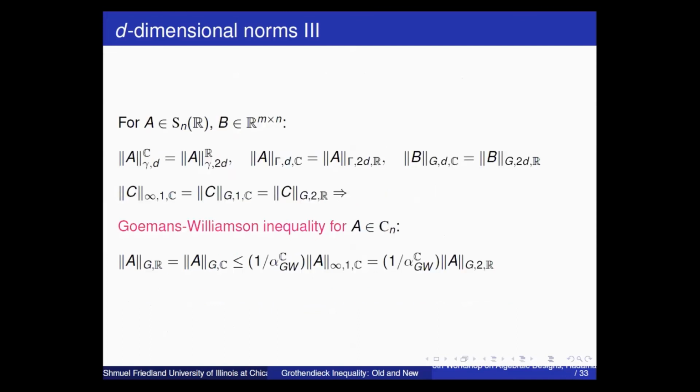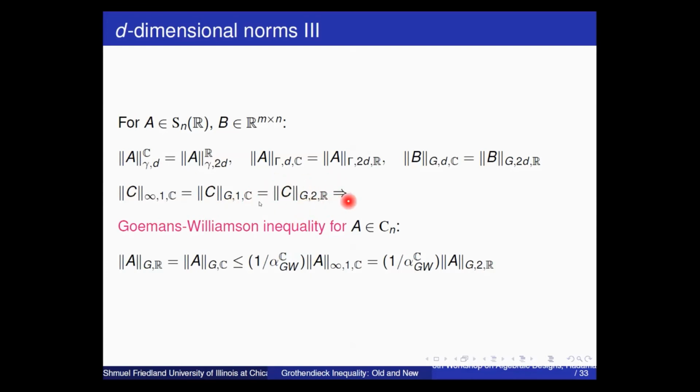Okay, next. Here is a very nice observation. Suppose you take A gamma D, let's say, for simplicity, the C infinity norm of a real matrix. What is it going to be? It is going to be the C norm of 2R^D.